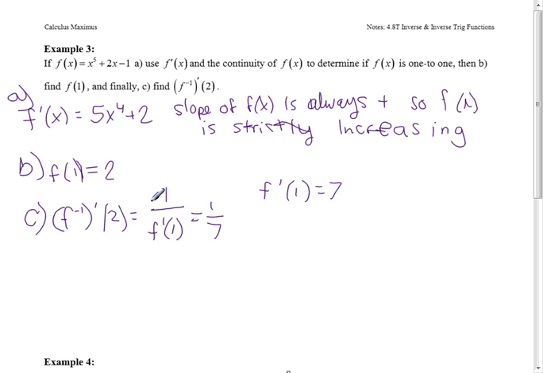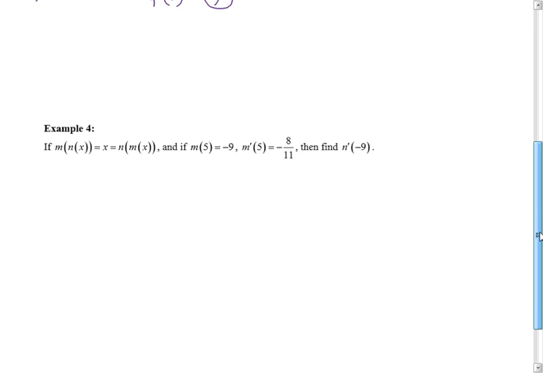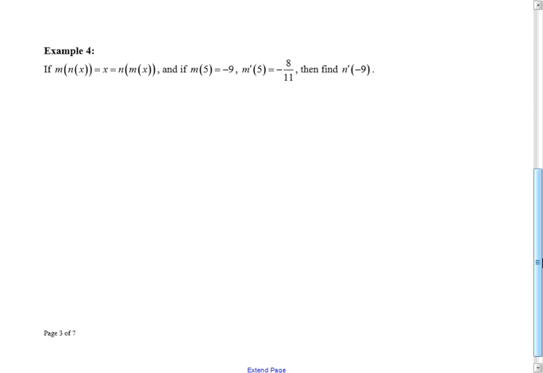Alright, so we have our answer right there, and we can maybe have time for one more example. It's just so much fun, we could do this all day if we really wanted to. Alright, so the reason why they put this in the problem, this tells me that m and n are inverse functions.